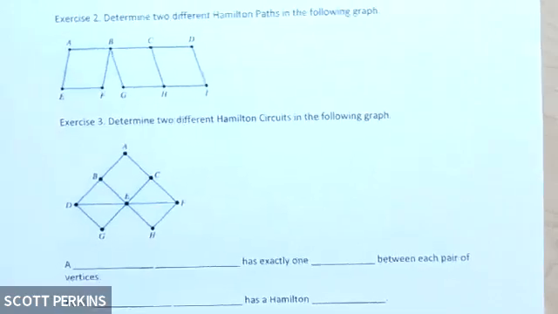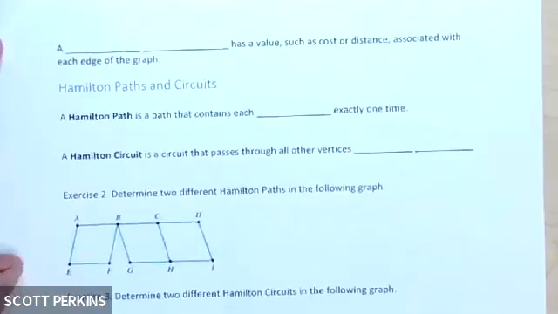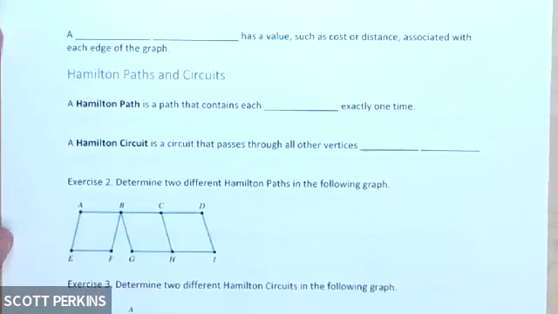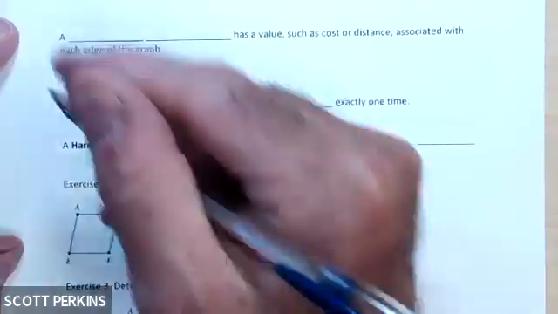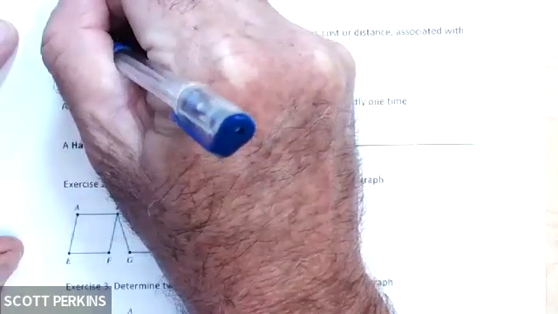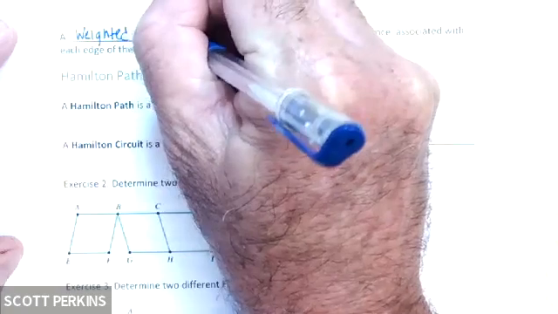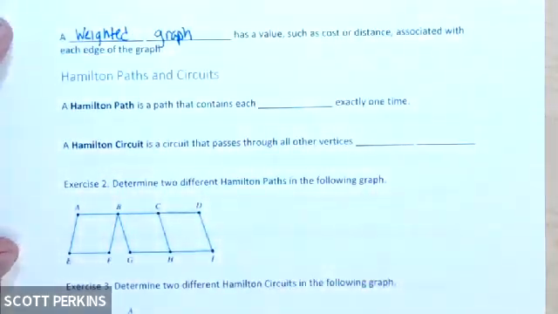Okay, so those graphs that we just drew, you notice that we added values to each of the edges. So what we created is called a weighted graph. A weighted graph has a value such as a cost or a distance or any other value that would be appropriate to your situation.